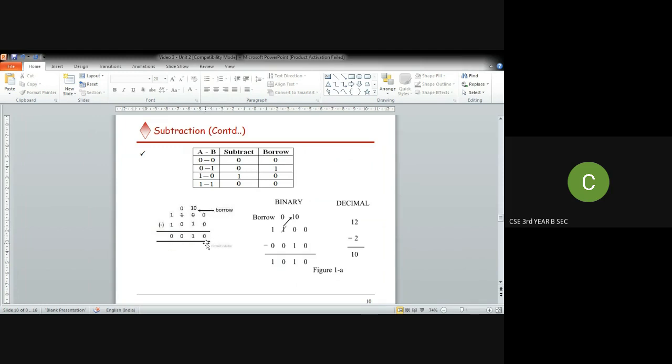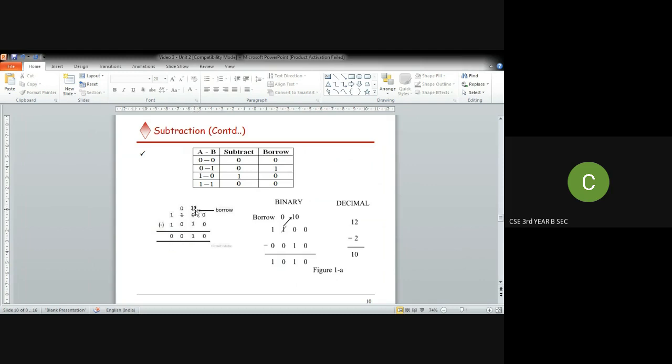So 0 minus 0 is 0. From 0 we cannot do minus 1, so we have to get a borrow from the neighbor bit. Here we have 1. This 1 is given as a borrow to this 0, then this bit becomes 0. Now this will act as a 10.